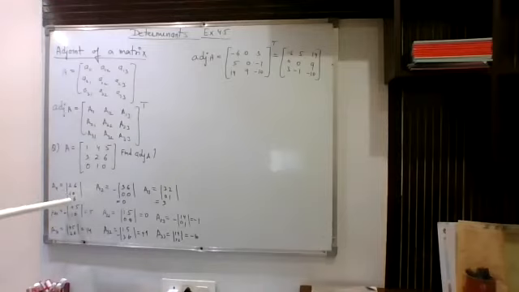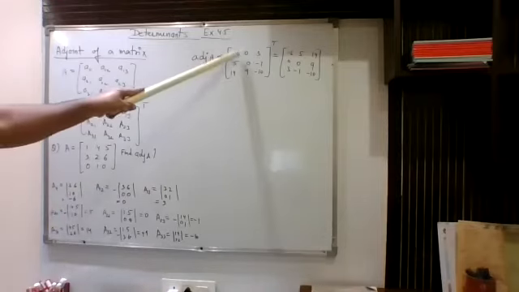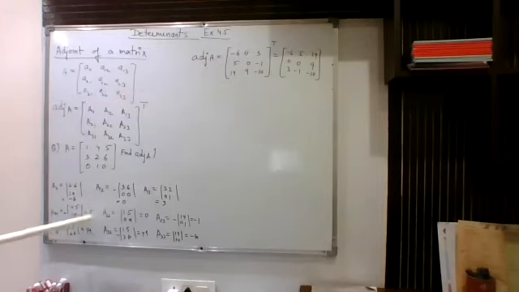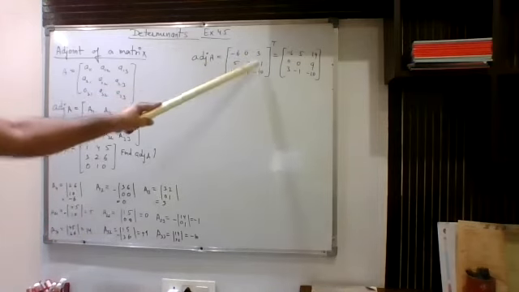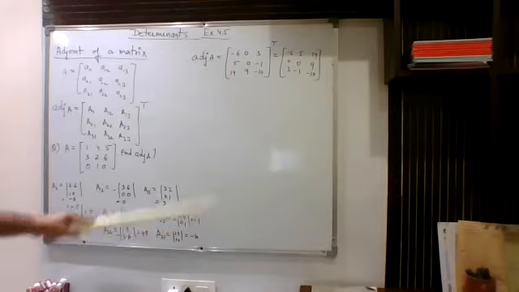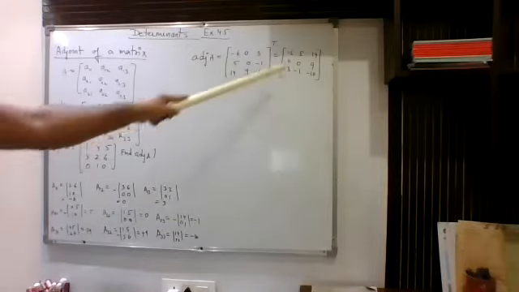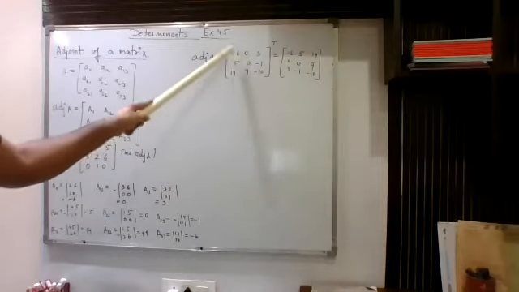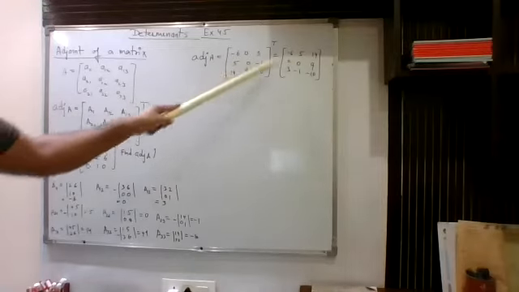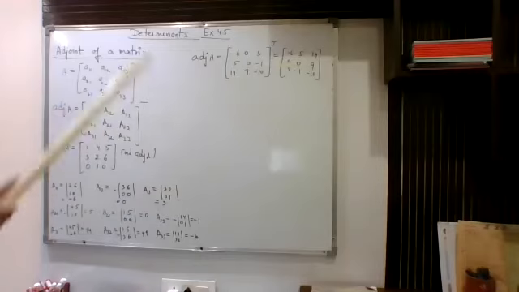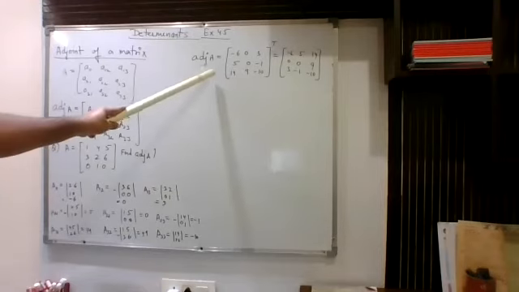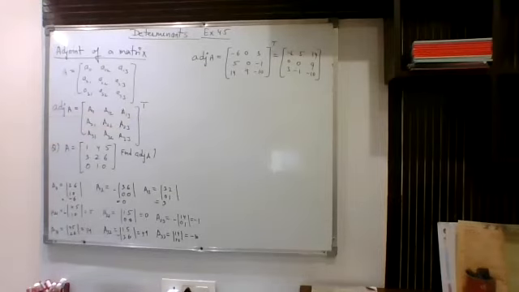Here I had written -6, 0, 3; next 5, 0, -1; then 14, 9, -10. Finally, we have taken the transpose of it. After writing this transpose, this is known as the adjoint of a matrix. We have just found the transpose of all the 9 cofactors and we are getting the adjoint of a matrix.